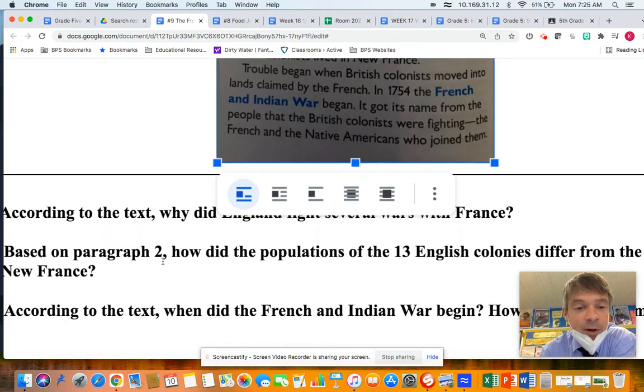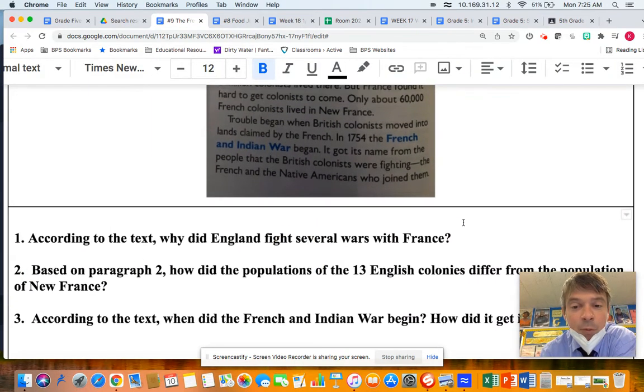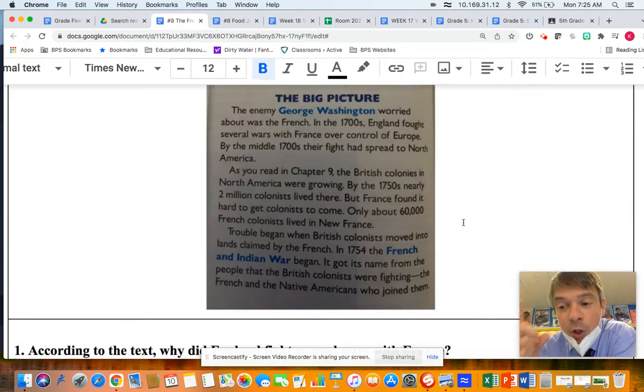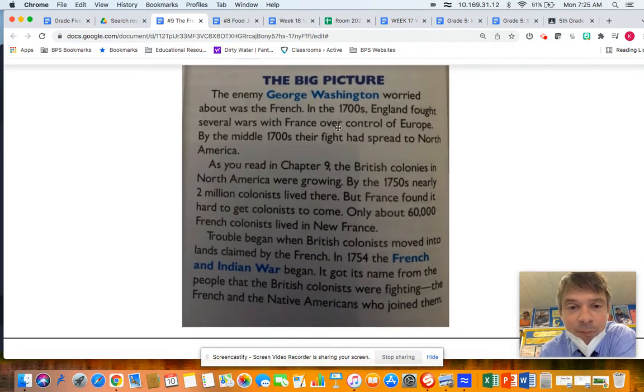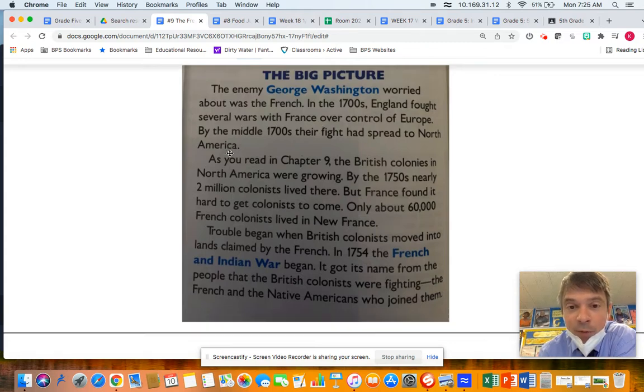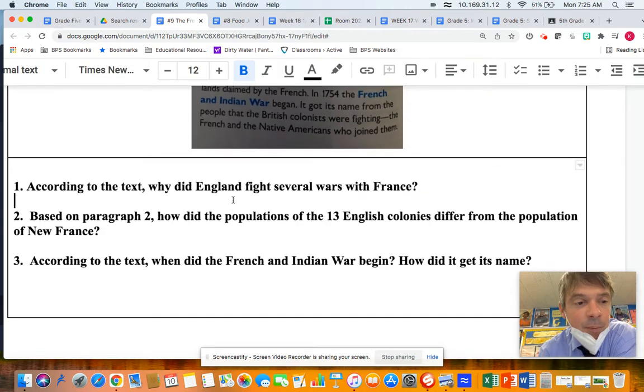So it says on here, why did England fight several wars with France? So I need to look back to find this. My strategy is looking back. And it says up in the top paragraph, England fought several wars with France over control of Europe. Oh, they were fighting over control of Europe. So I'm going to put a little sentence.